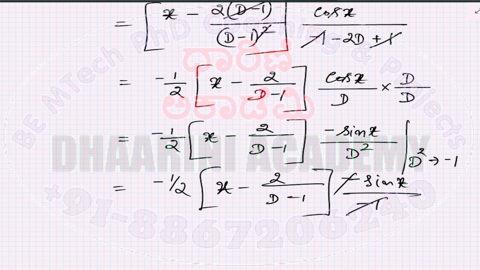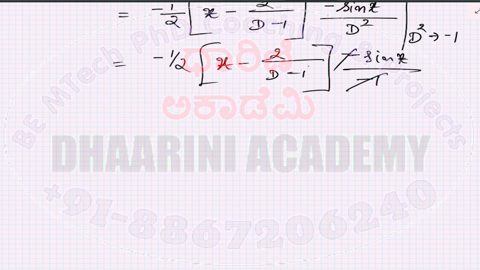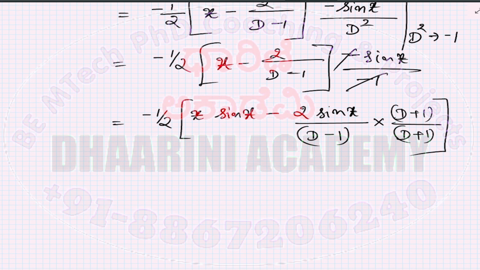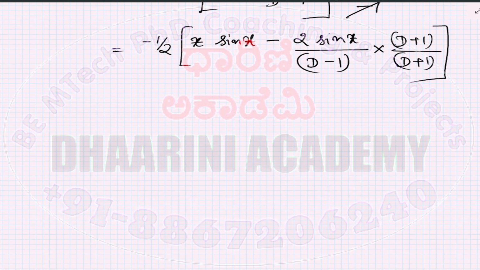All right. So in the next step, now I have to multiply the sin x to every term that is present inside. So that is minus 1 by 2 into x sin x, then minus 2 times sin x divided by D minus 1. So D minus 1 is in the denominator. I need to have a D square, so I multiply and divide by D plus 1, because since the numerator has a sin x, only when I have D square I can make a substitution.